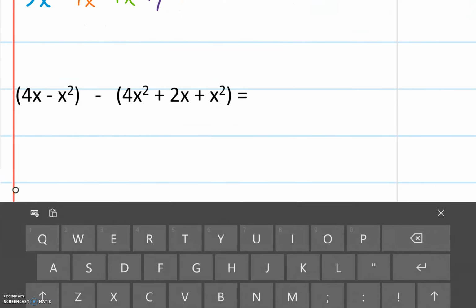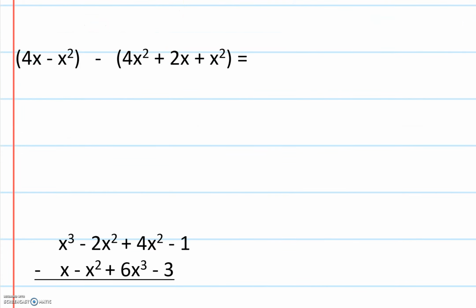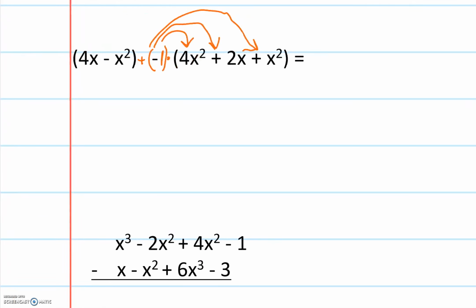So what's happening is basically we have a negative 1 multiplied by that whole thing, right? So the negative 1 multiplies into our brackets by the distributive property and changes all the signs inside. So I'm going to rewrite this whole thing now to equal the exact same number, but with addition.